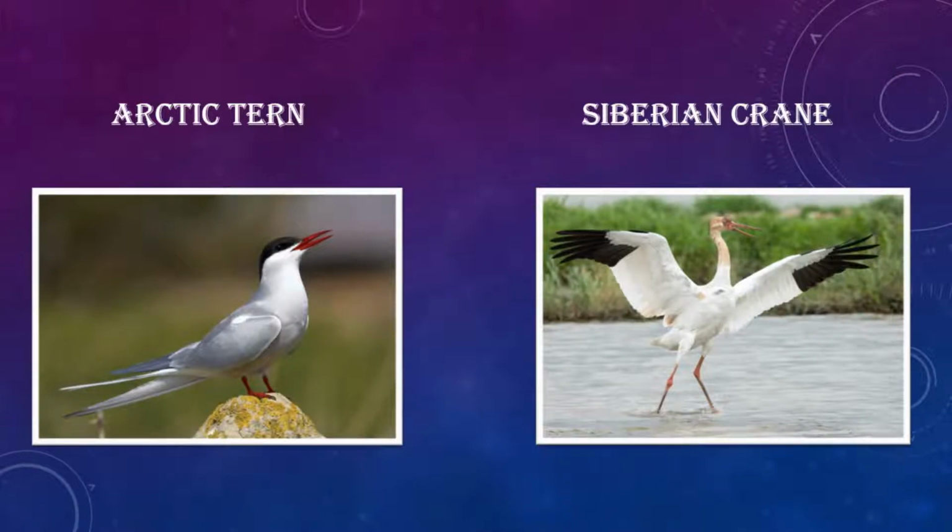When it is summer in the northern hemisphere, it flies back towards the North Pole. It has to travel in search of food. In the course of 1 year, it travels around 70,000 kilometers. It might be the only species in the world that experiences summer twice in a year.